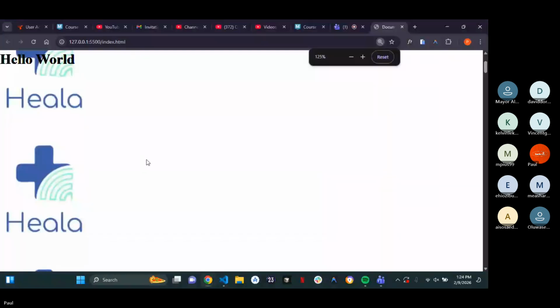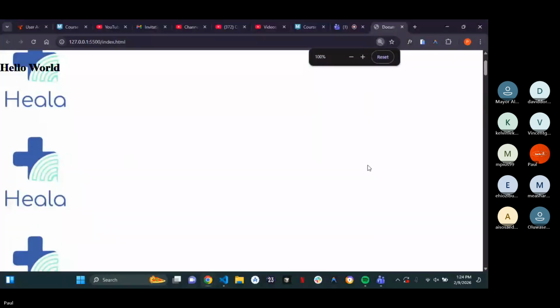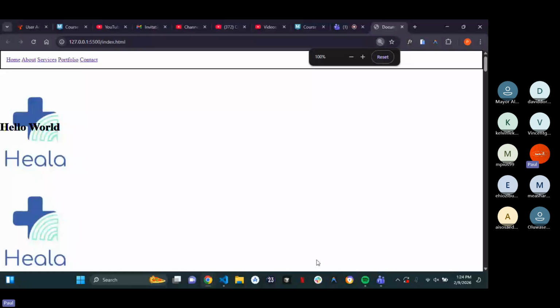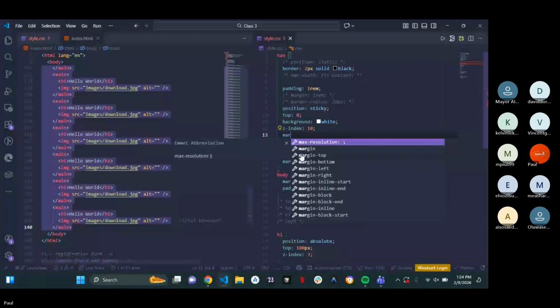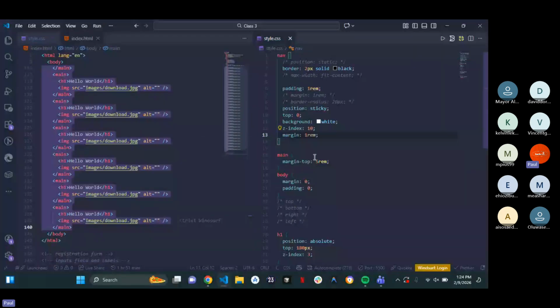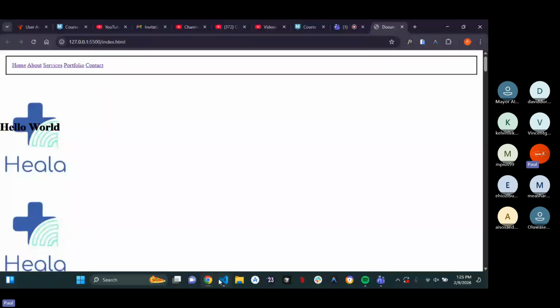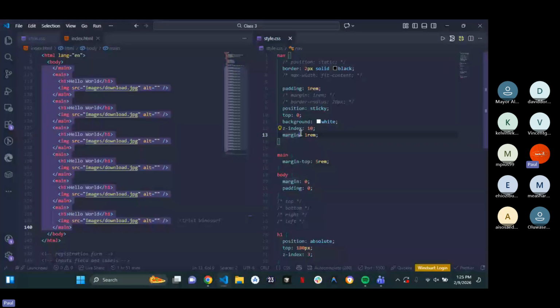Now let's see what we have. Can you see it now? Let me give it more space at the top, so let me give a margin top instead. Let's give a margin of 3 rem. I think this should be enough.